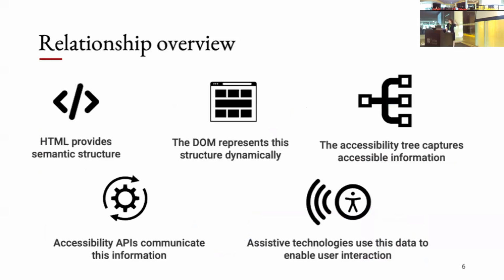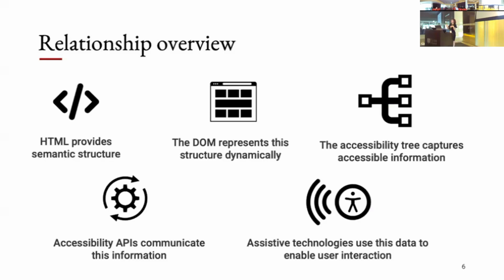So a quick relationship overview of how code on a page gets to a screen reader. You have your HTML, so these are going to be your button tags, paragraph tags, headings like that. The DOM represents that structure dynamically, and then the accessibility tree basically captures all of the accessibility information from that DOM and pushes it out to an accessibility API.